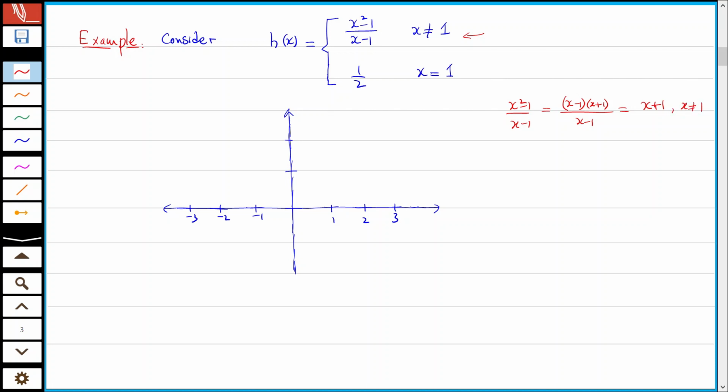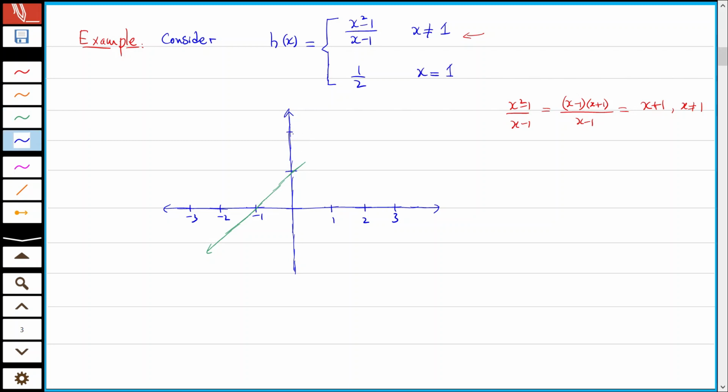When I graph it, the graph of y equals x plus 1 is again this straight line. But since x is not equal to 1, I will have to move my y value up a little bit.